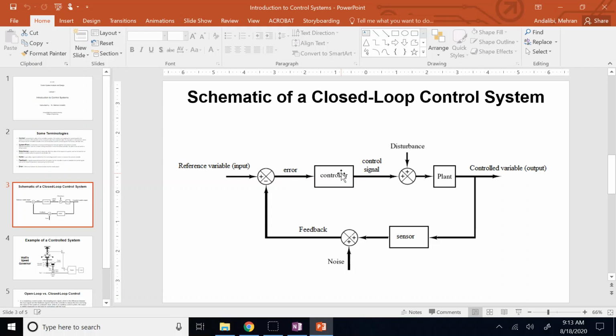If you need a reduction in heat, it can turn on the AC system and provide cooler air, right? And as I said, the plant here is the room itself with the wall, and it is also affected by the outside temperature.